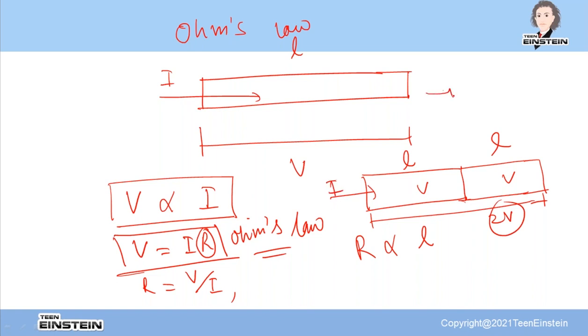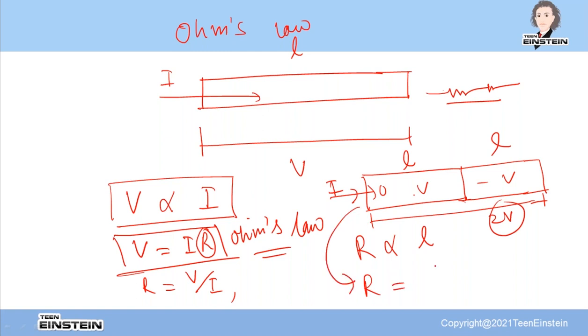When we connect them in series, the same current will flow. Whatever charge is flowing through this conductor, the same charge will flow through the other conductor also. From the conservation of charge, the current in series will be the same for both.